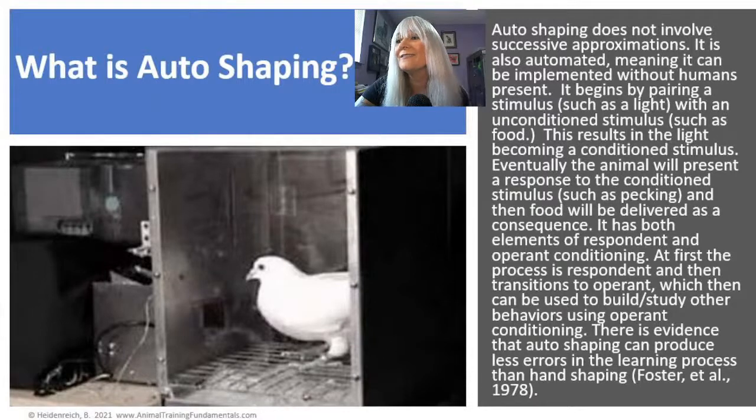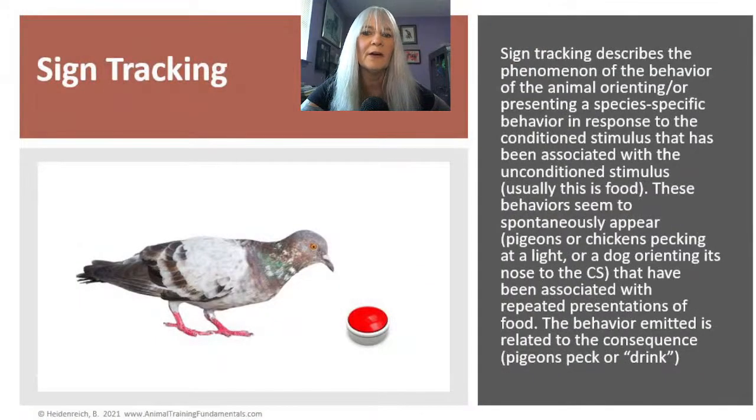Yeah, and can you give an example of how this can be used in the real world in animal training for a behavior? I was thinking about this, Chris, and what I started to think about was what's called sign tracking, which is observed here.